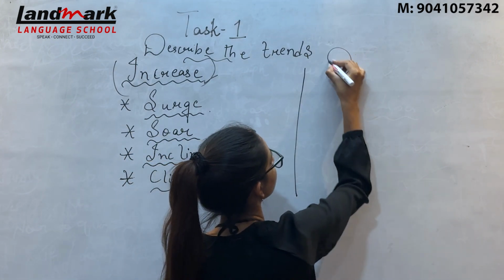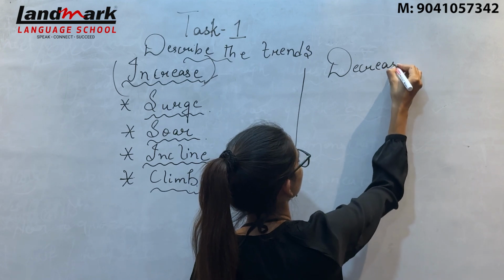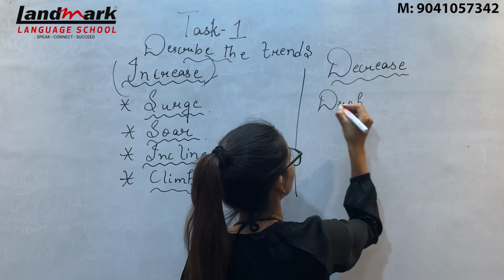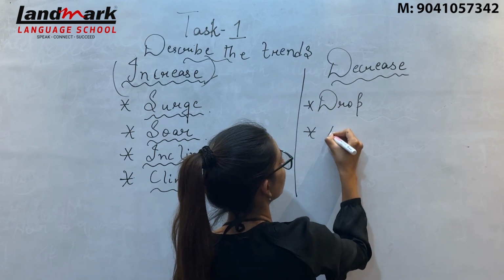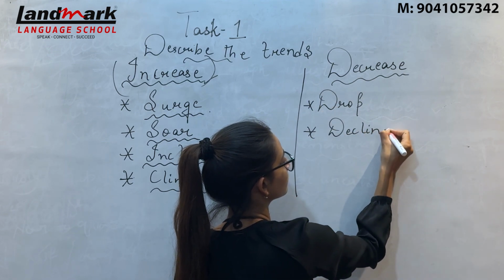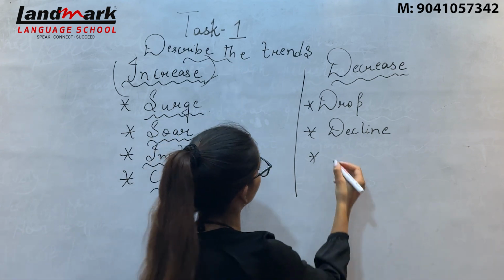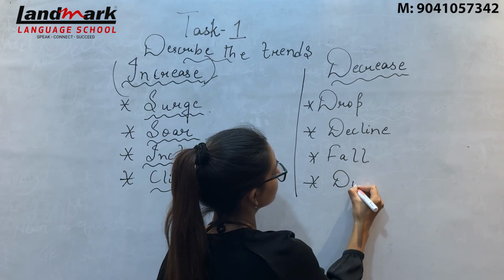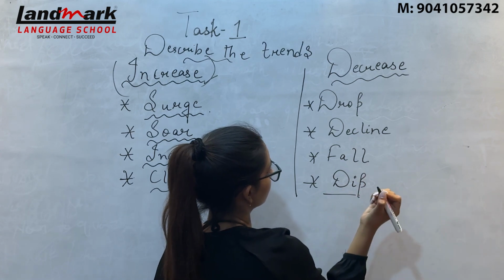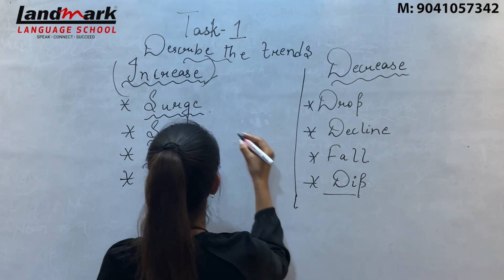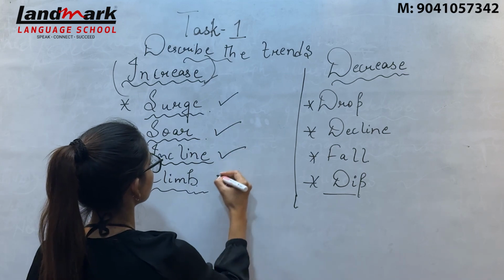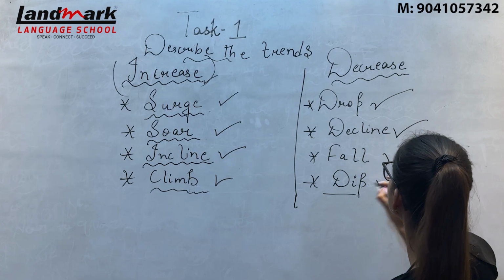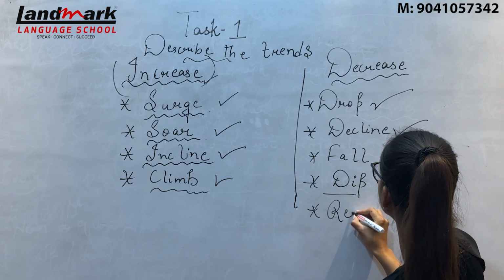For decrease, we have drop. The second one is decline. The third one is fall. The fourth one is dip. So these are the synonyms that we are going to use for decrease: decline, fall, dip, and also reduce.